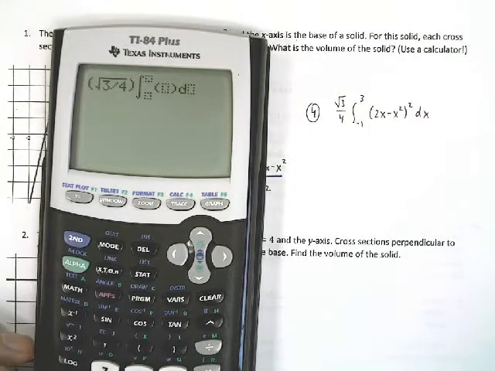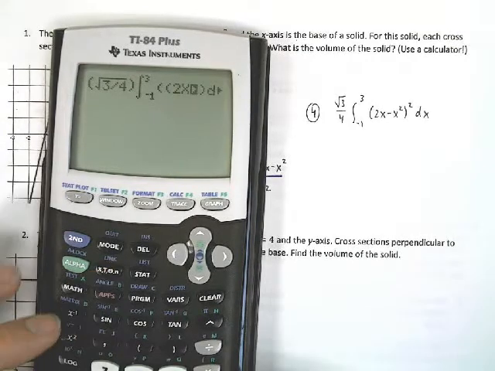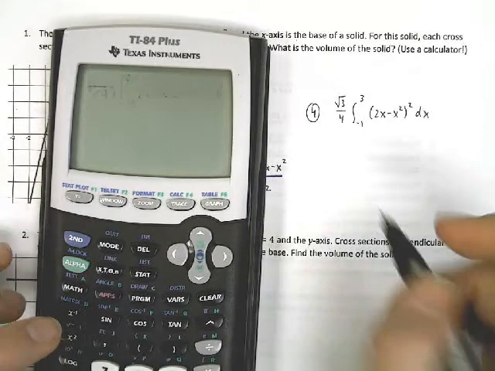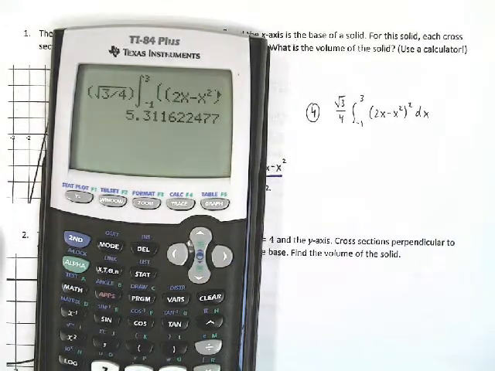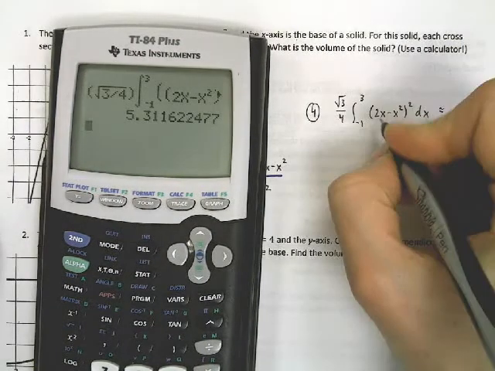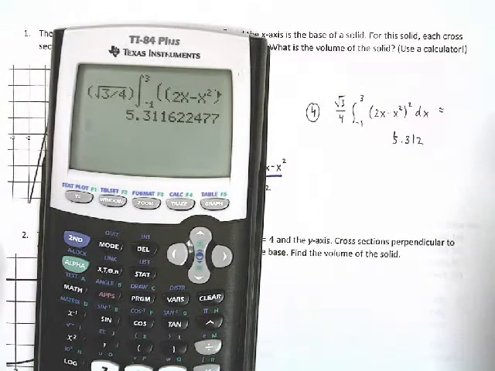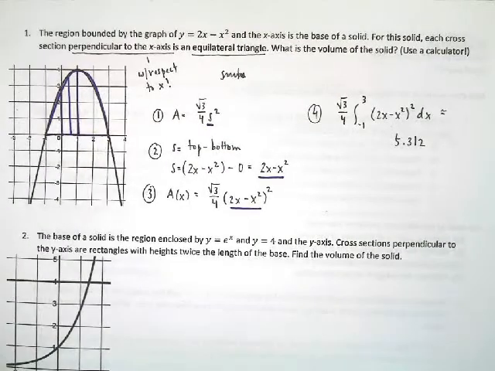And then math 9, I'm going to plug in my integral, -1 to 3, 2x minus x squared. And we're going to square that again. I don't want to forget that. I'm going to type in my dx. And I get about 5.312.